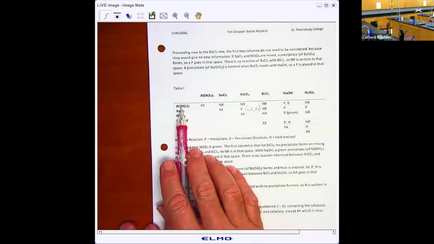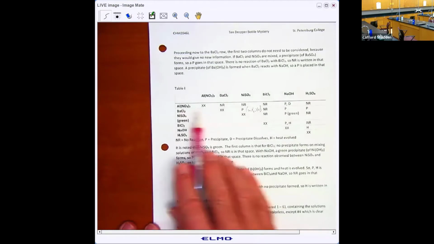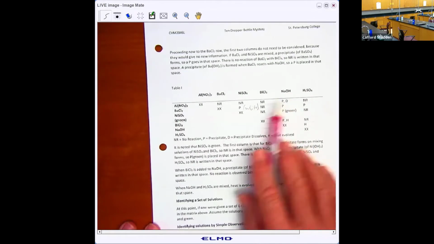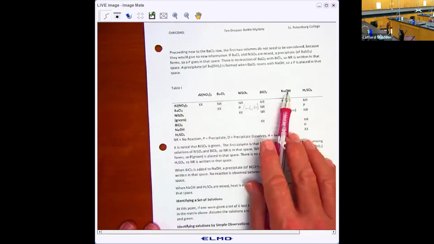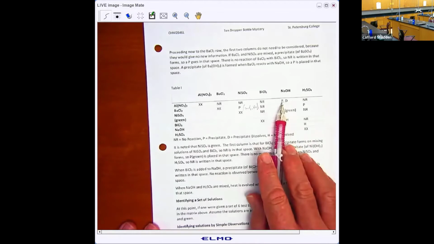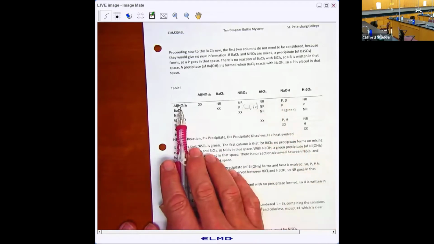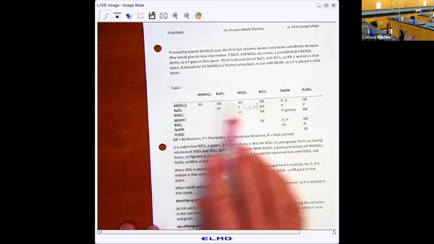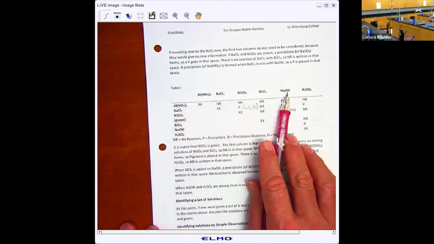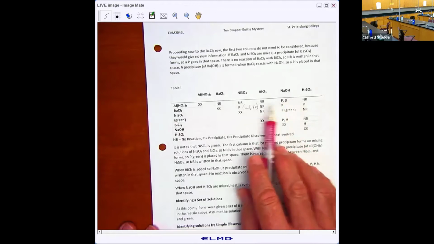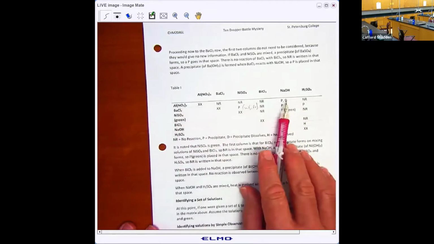When you mix the aluminum with sodium hydroxide, the aluminum and hydroxide are insoluble, so you get a precipitate. But hydroxide also forms a complex with aluminum, which is soluble. So if you add excess hydroxide here, the precipitate that was originally formed dissolves, and that's what the D is for. So you get a P comma D.